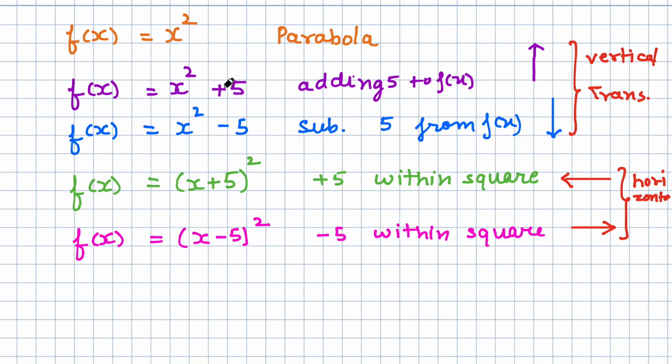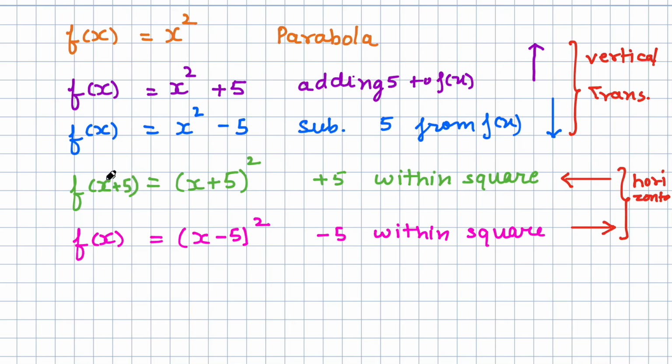Now let's see one more thing. Because I am making changes in the square itself, it is x squared, it is x plus 5. That means in place of x, I am replacing x with x plus 5.